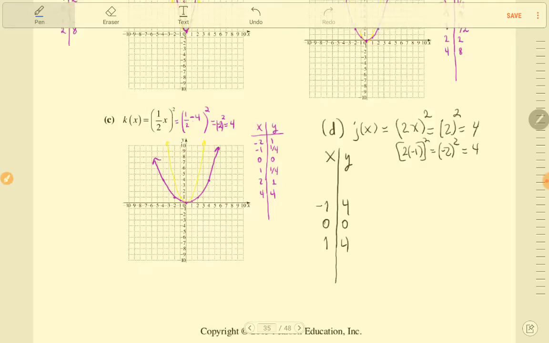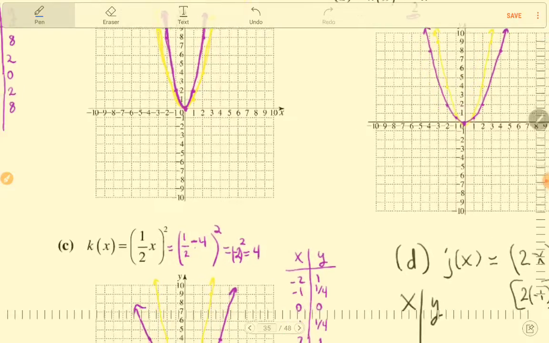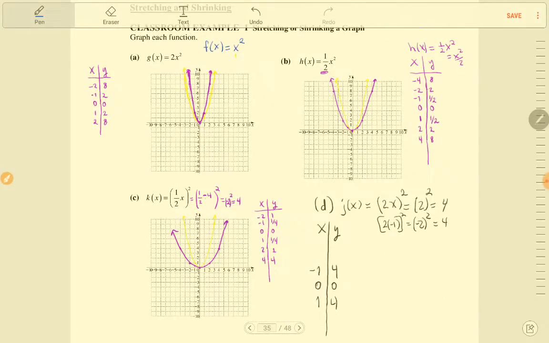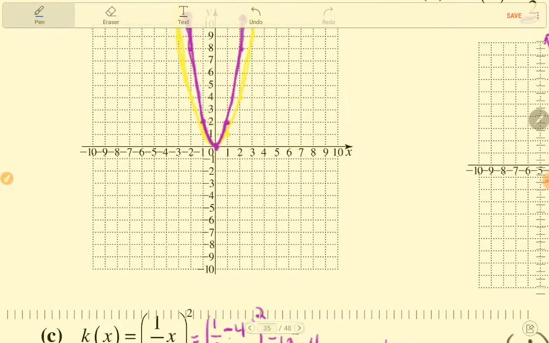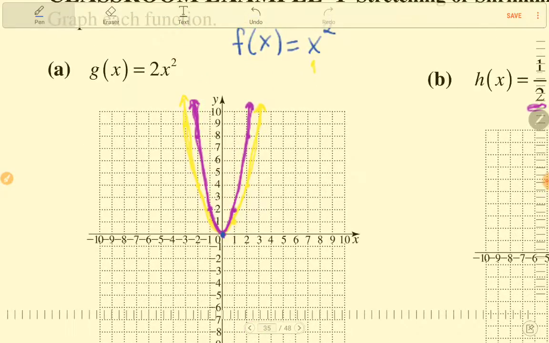All right, so I'm actually going to use blue to do this one, and I'm going to do it here with the g of x so you can see the difference. So I just had, what did I have? 0, 0, 1 and 4, and -1 and 4. Okay, so again, we still have a vertex at the origin, but now instead of with the parent function, I would have had 1, 1, or with g of x, I would have had 1, 2.